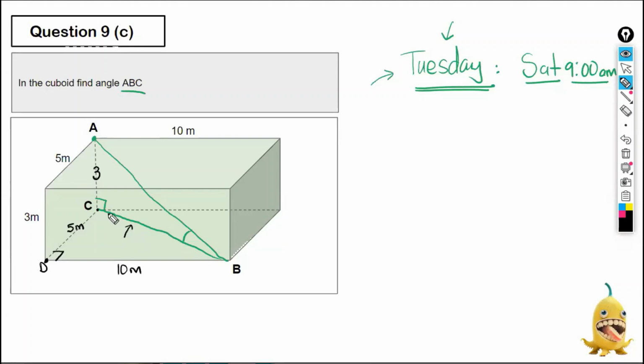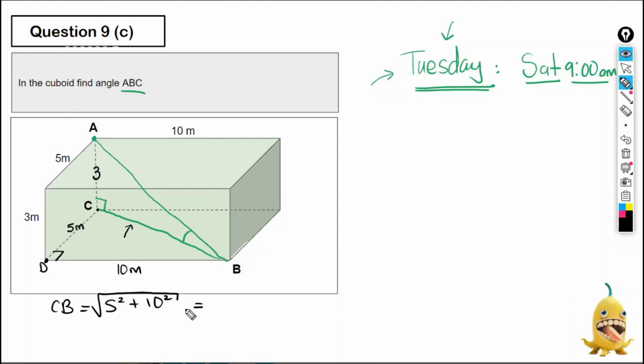So to find the length of CB, you could say 5 squared plus 10 squared, and you square root that, because we're trying to find the hypotenuse. So let's get the length of CB quickly. 5 squared plus 10 squared, and you square root that answer.